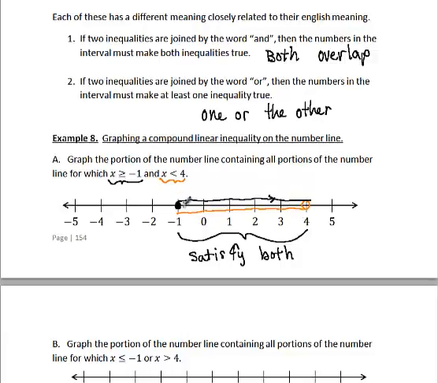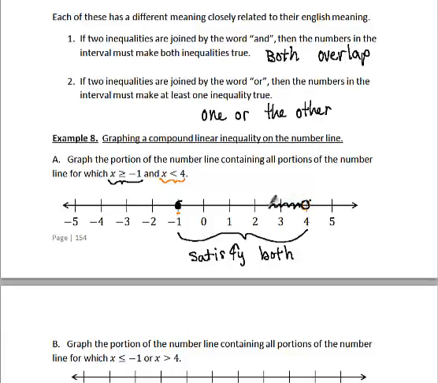Okay, and so if we wanted to remove the two lines, we could go back and erase them. We keep the open dot for the 4, because with this open dot, that means that 4 does not satisfy the second one, and we want the numbers that are shaded to satisfy both of them. So 4 gets left out.